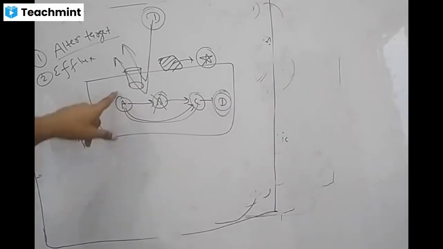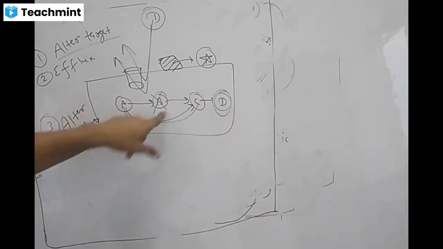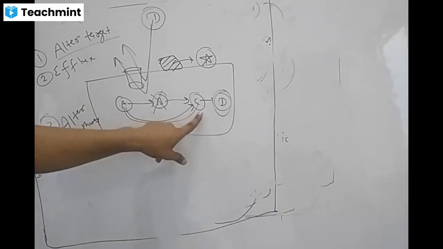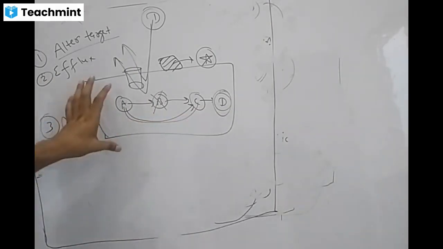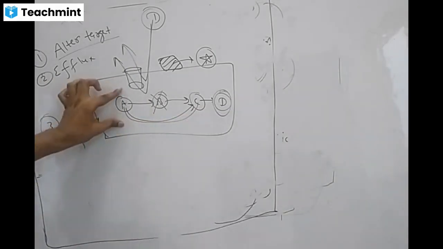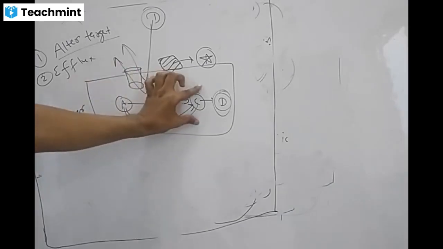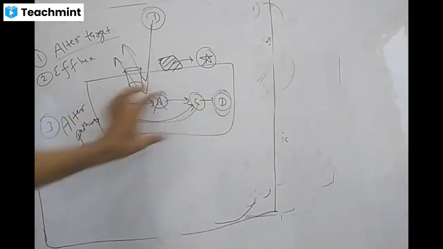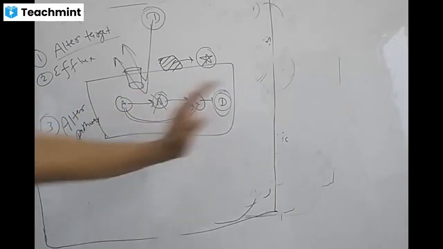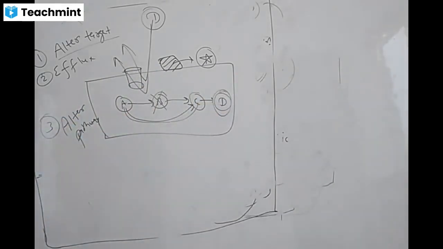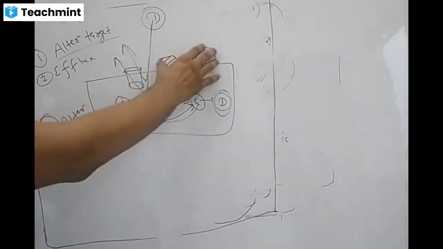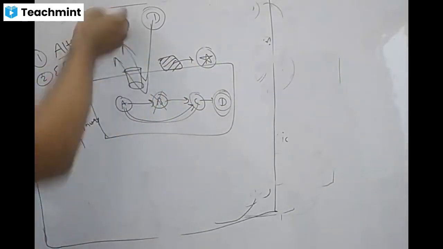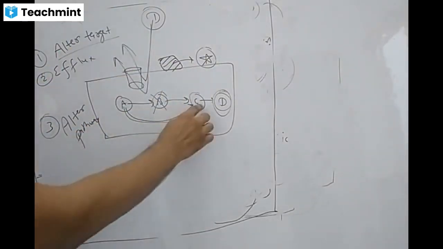They use para-aminobenzoic acid, THF, then folic acid. So what do they start doing? They stop using PABA and start using preformed folic acid. In this way, they alter their pathway. So there are three mechanisms: alter the target, throw the drug out through the efflux pump, or alter the pathway.